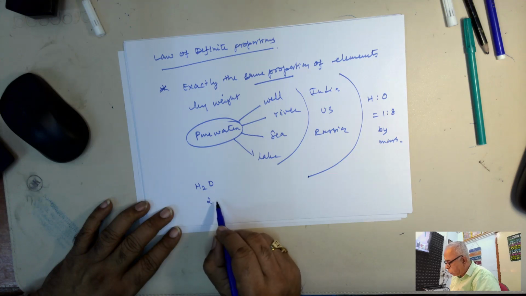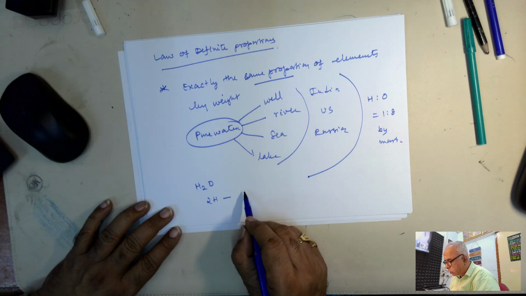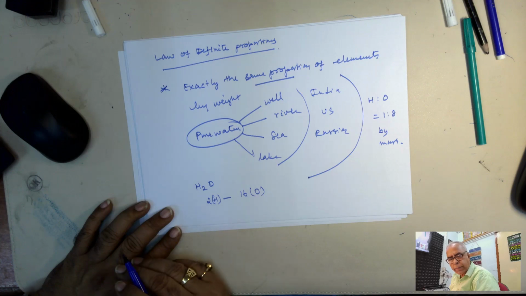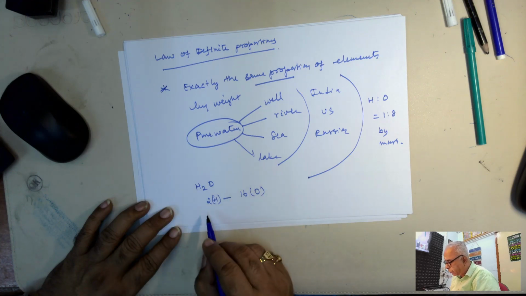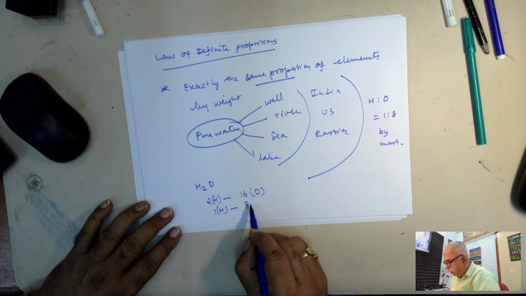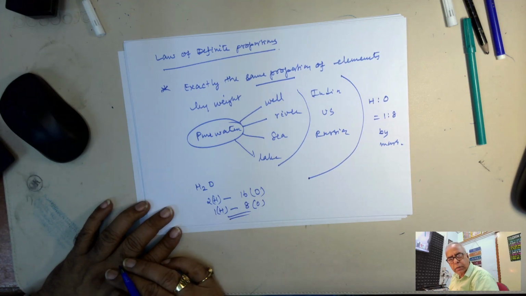For two hydrogen, what is the atomic mass of oxygen? 16, right? So what is the simplified ratio? For one hydrogen, it should have 8 parts of oxygen. I hope now you should be able to understand this.